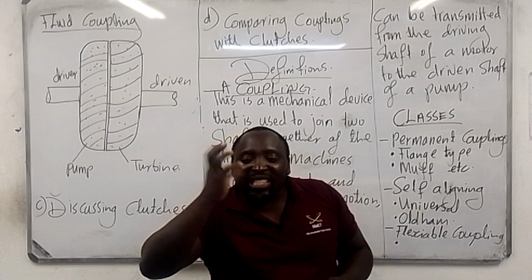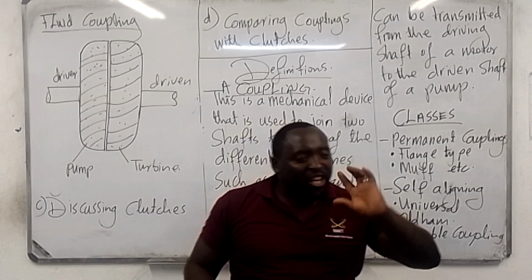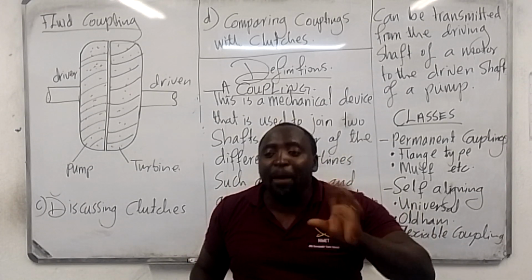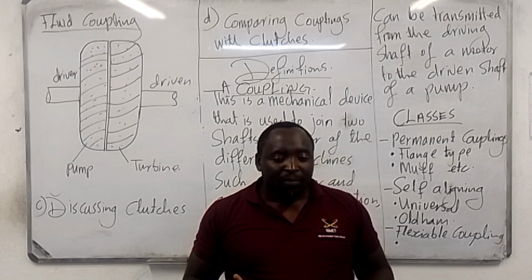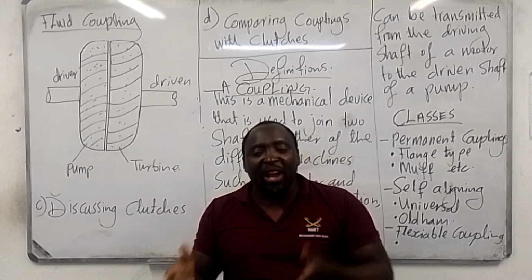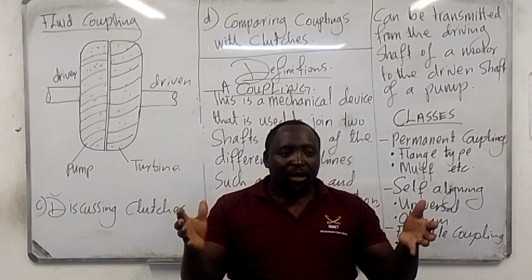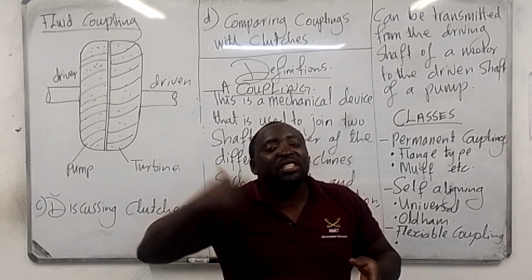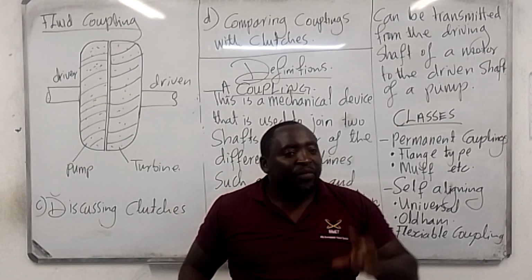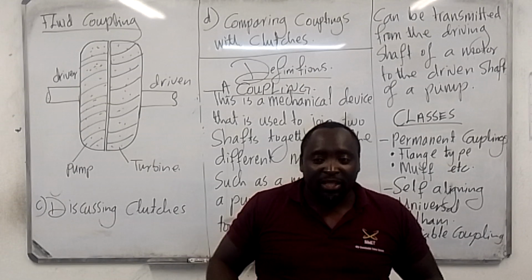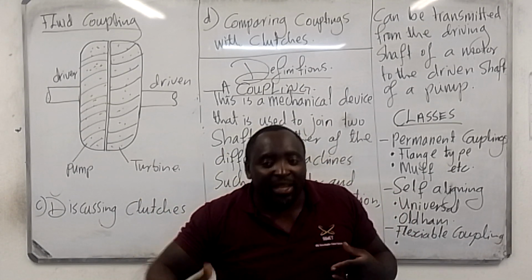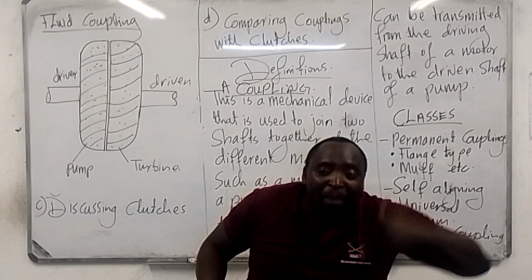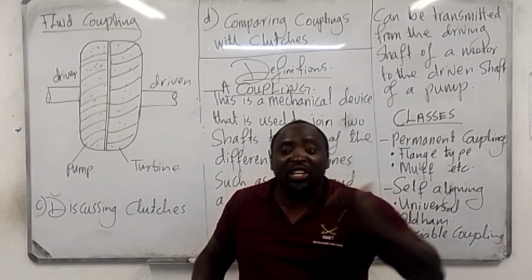So the driver side is the pump. The driven side is the turbine. You know turbine is driven by fluid. So the pump drives the fluid. The turbine is driven by fluid. Can you hear what I'm saying? What is the purpose of a turbine?